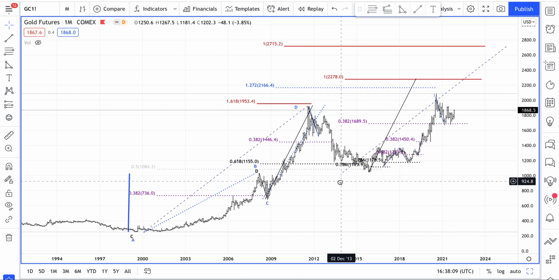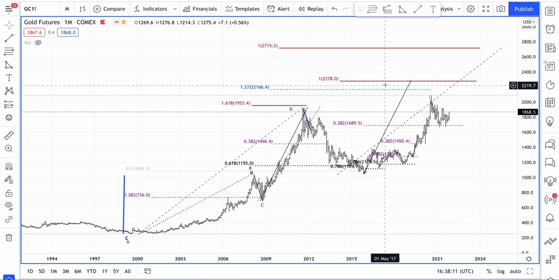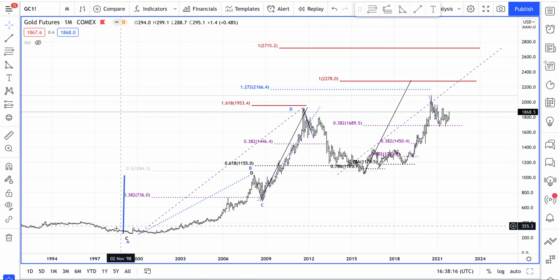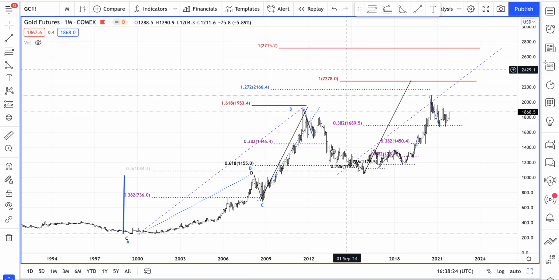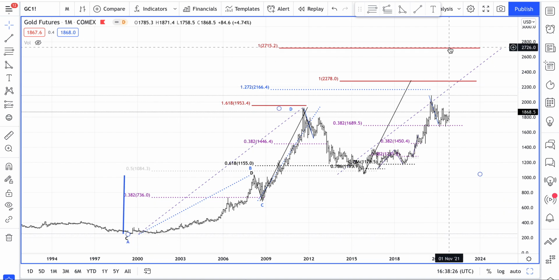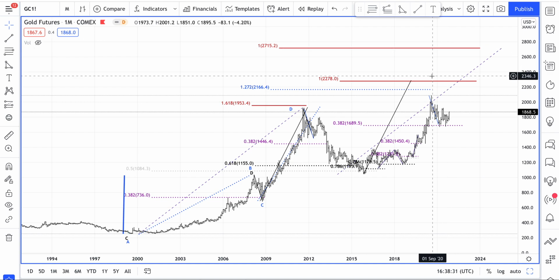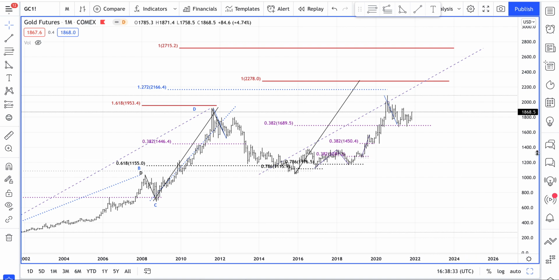However, in a bigger cycle, it's also possible that once this level is cleared with conviction, there is a larger ABCD cycle going back to the early 2000s, in fact late 1999, and that ABCD takes us to around 2715. So that's the kind of price which gold can target.